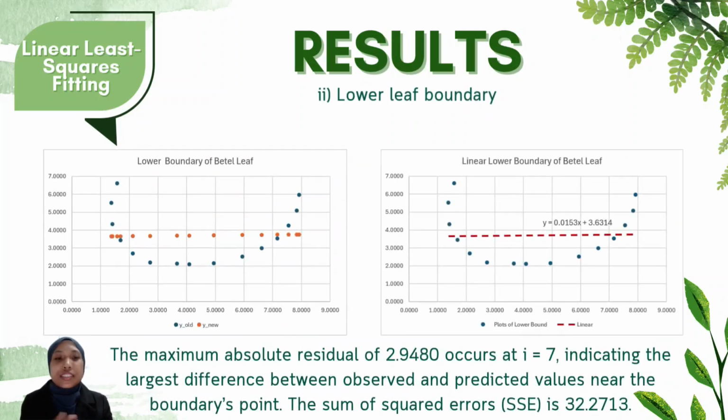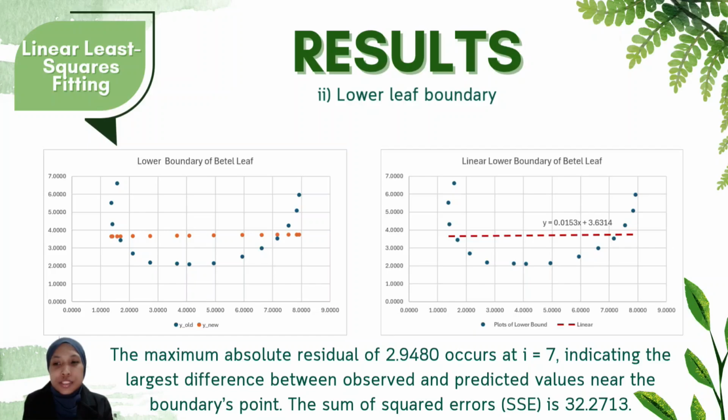Now we're going to look at the result of the lower leaf boundary for the linear least squares fitting. On the left side, the graph shows the boundary points of the beetle leaf that have been plotted, and on the right side you have the linear regression line overlaid to illustrate the fit against the actual leaf shape.